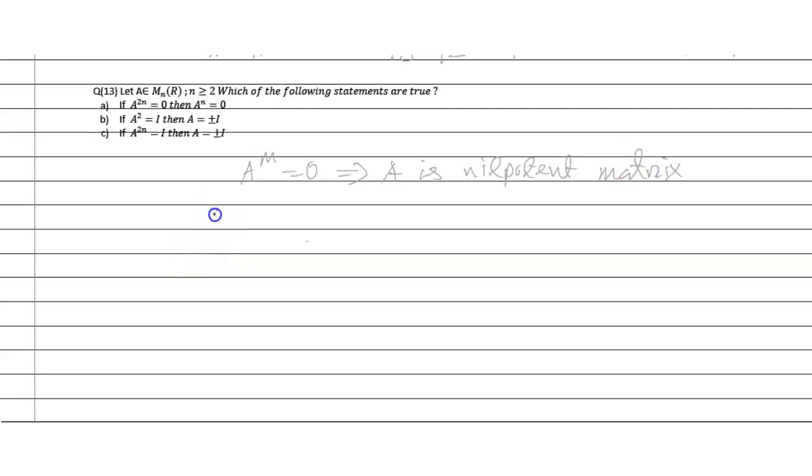And if a to the power k equals 0, then k is less than or equal to n, where n is the order of the matrix. And a to the power n equals 0, then k equals n.